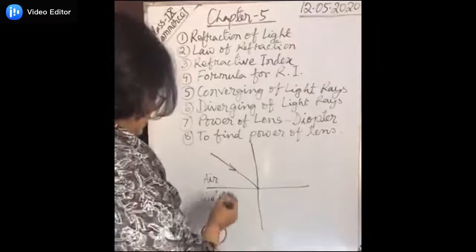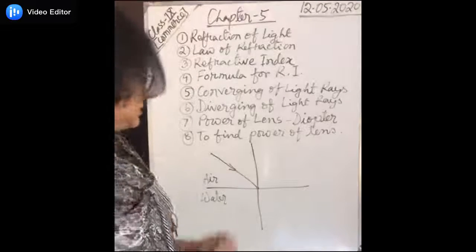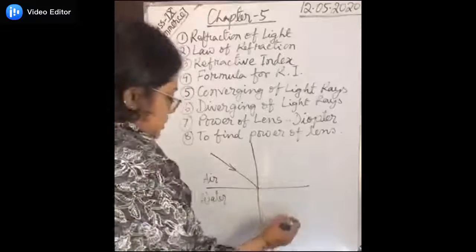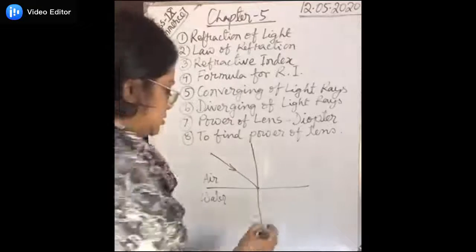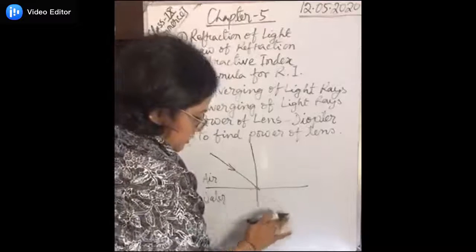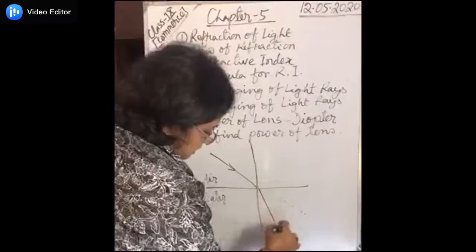After that, you know, air is lighter than water. That means water is denser than air. When the light comes out on the other side, because both of the mediums are transparent, it will not go straight, it will bend towards the normal.